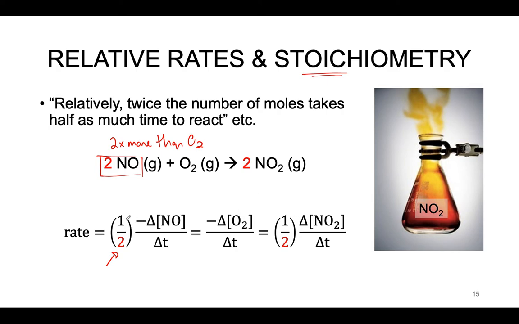So, for example, half of the rate of consumption for our nitrogen monoxide should be equal to the rate of consumption for our oxygen. Similarly, half of the rate of formation for our nitrogen dioxide should be equal to the rate of consumption for the oxygen.